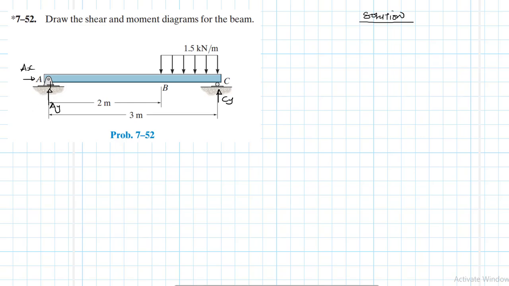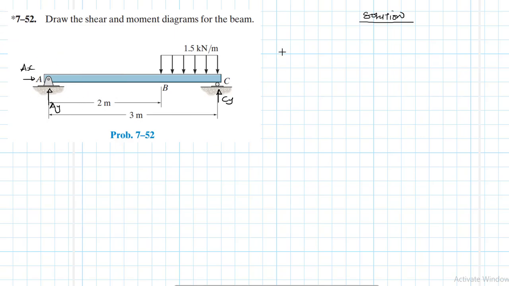The first span is from 0 to 2 meters, and the second span is from 2 meters to 3 meters. This will be my first section, and this will be my second section.